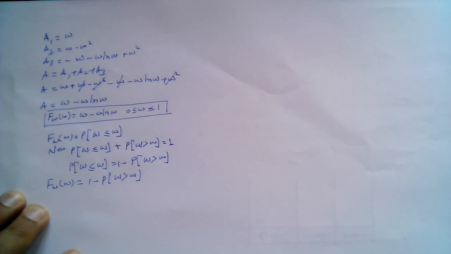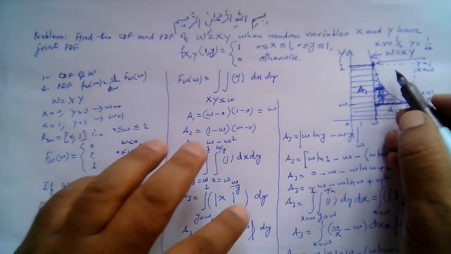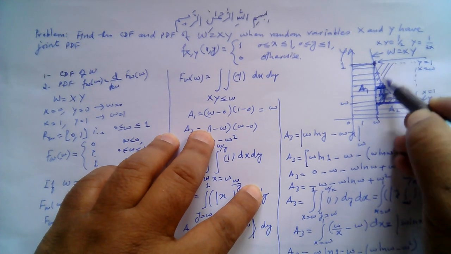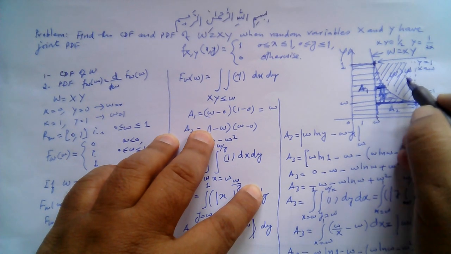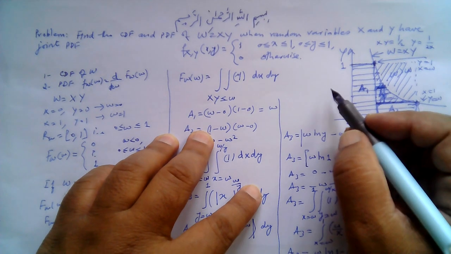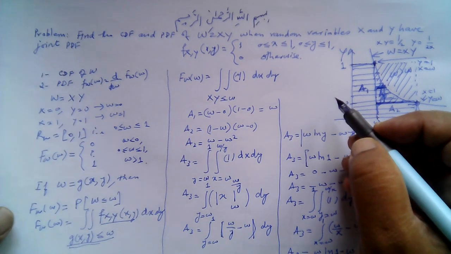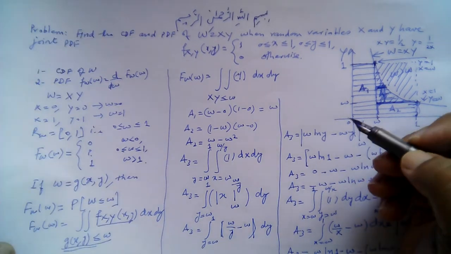So within this diagram that we have drawn earlier, W greater than w is this region, right? So we can integrate and find this area and then subtract it from 1 to find the CDF, right? So let's do that.